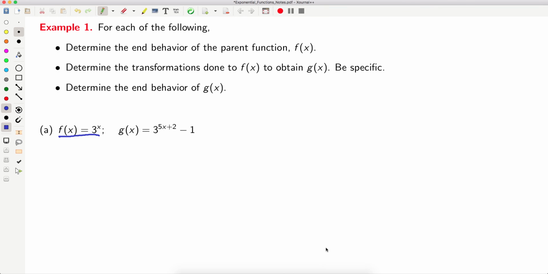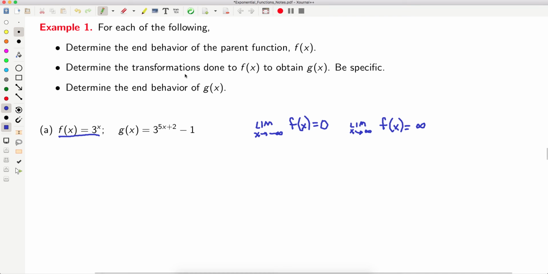So for f of x, I guess I could do that in blue, the limit as x approaches negative infinity of f of x is 0. And the limit as x approaches positive infinity of f of x is infinity.